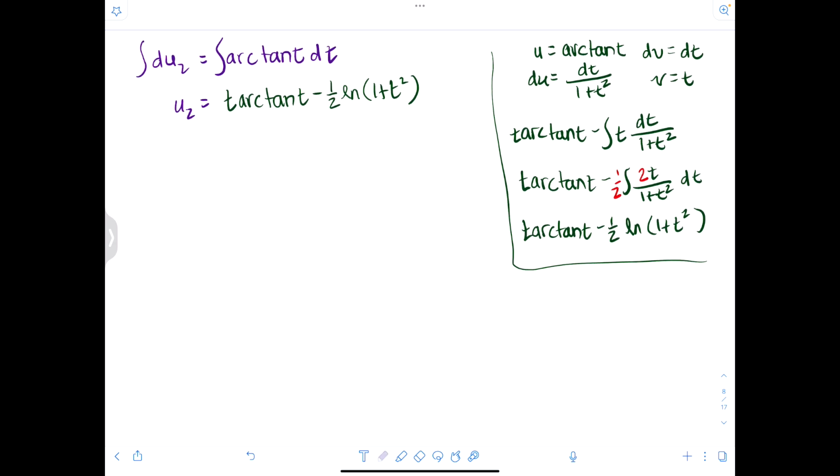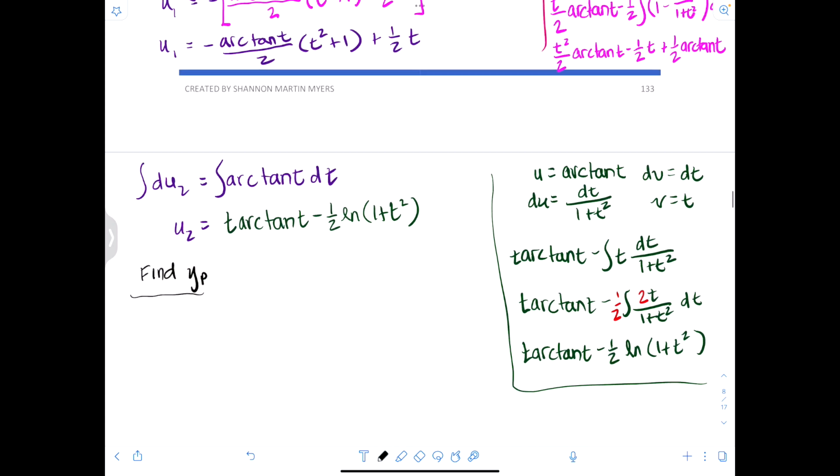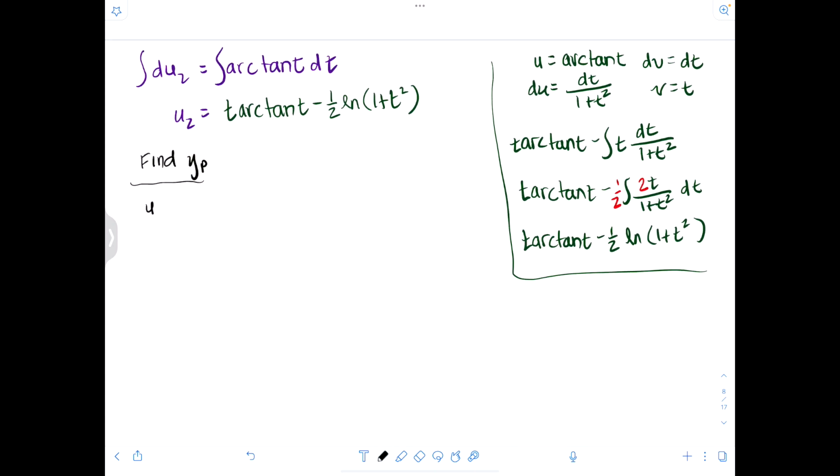So now we can find our particular solution. So if we find yp, remember, yp is u1 y1 plus u2 y2.